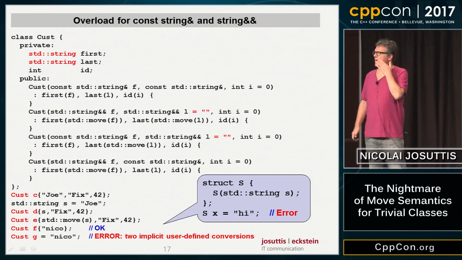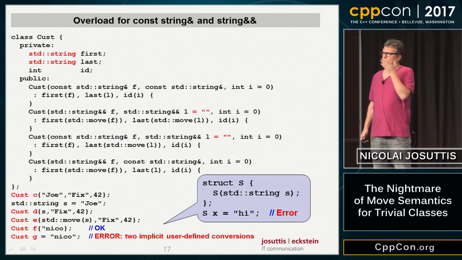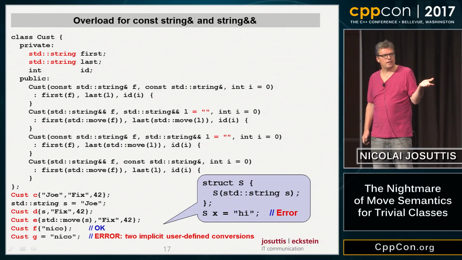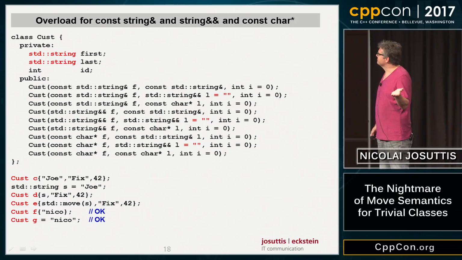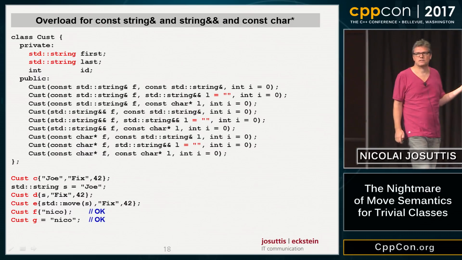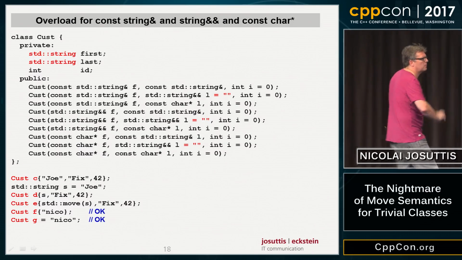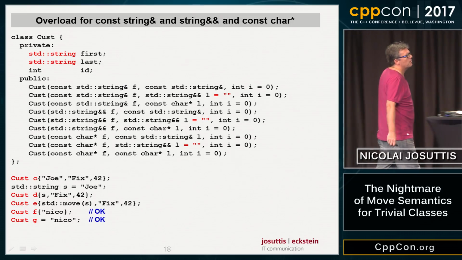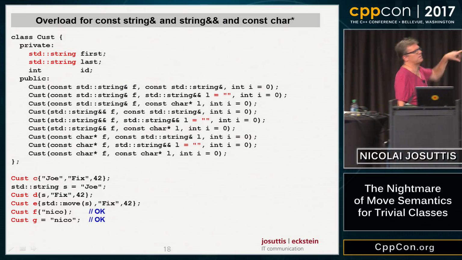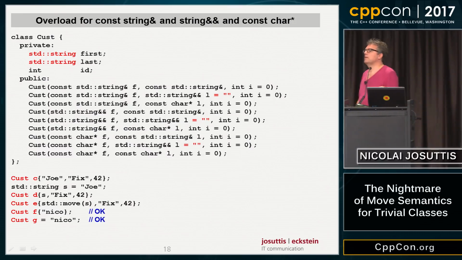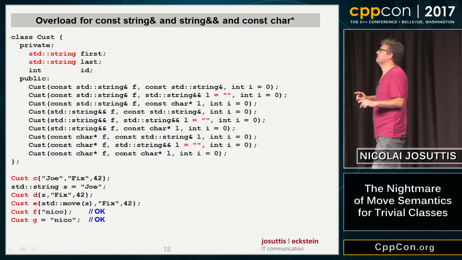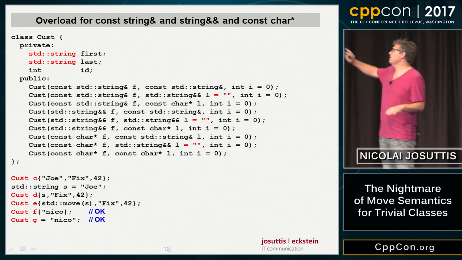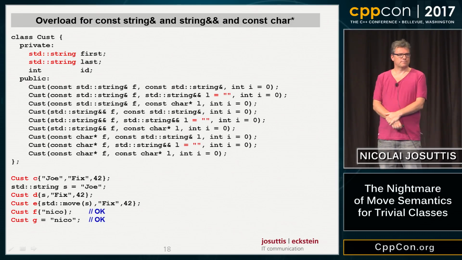So what can we do with that? Well, it seems we still need our const char star overloads. And of course, all the combinations. Well, strictly speaking, we don't need all the combinations, because this problem can only apply to the first argument, because copy initialization without list initialization, so without curly braces, is only possible with one argument.